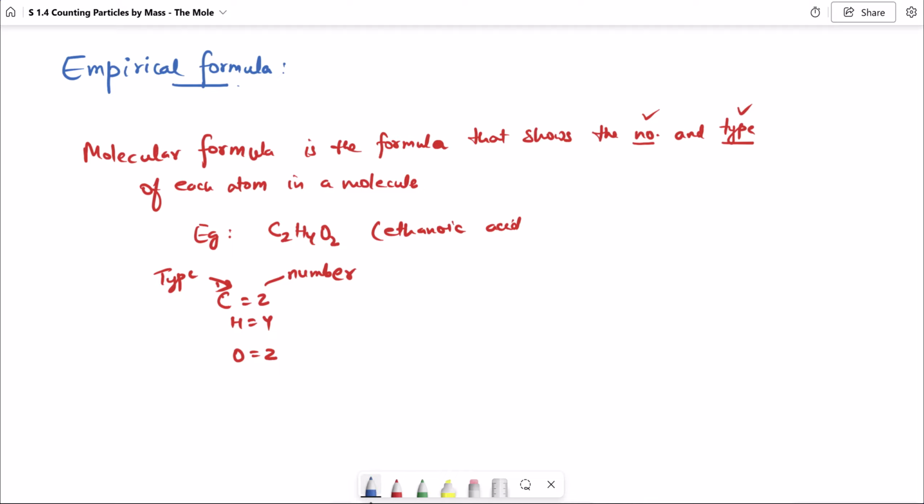But empirical formula is the simplest one. What is the empirical formula? Empirical formula will give you just the type, not the number.